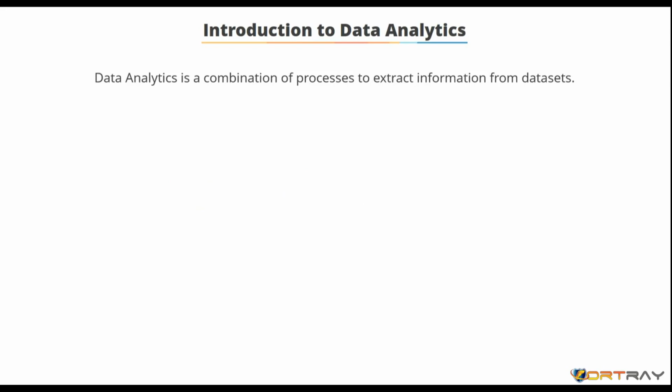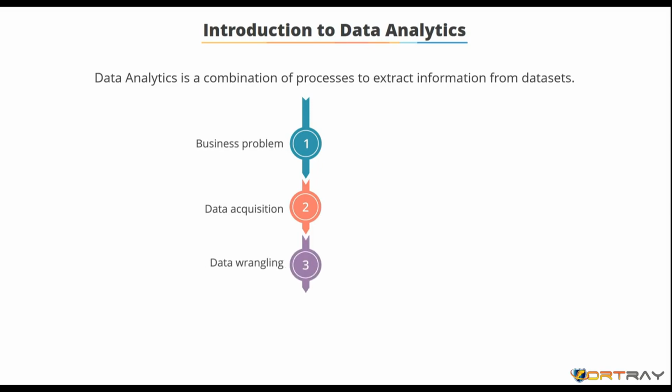The first step in the process is to ask questions to identify the business problem. The next step is data acquisition, or collecting data sets related to the business problem or question from the real world. The third step comprises data wrangling, with data tools and modern technologies that include data cleansing and data manipulation. The next step is exploratory data analysis, or EDA, with mathematical or graphical output to aid data analysis.